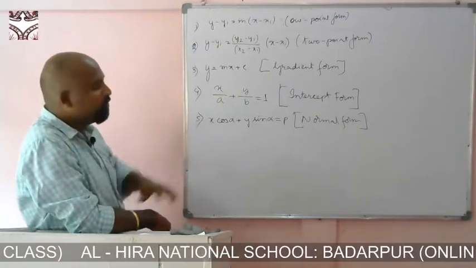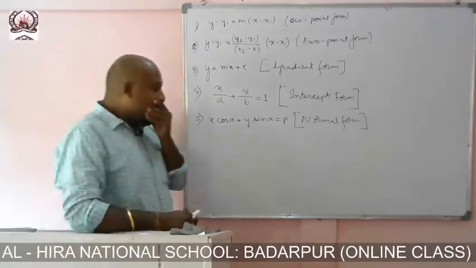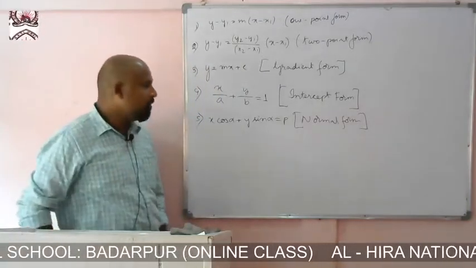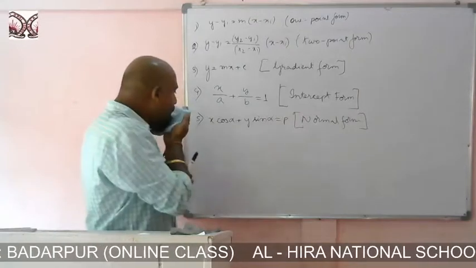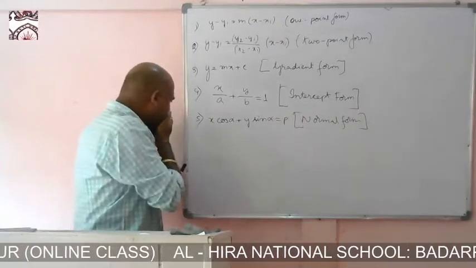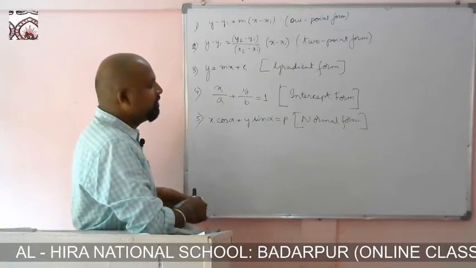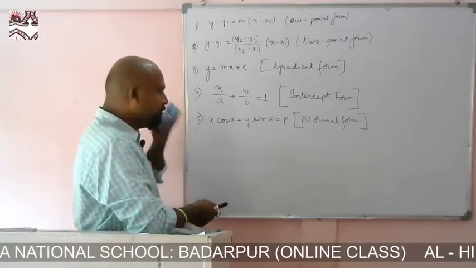And in the normal form we write x cos alpha plus y sin alpha equals p, written in the normal form.